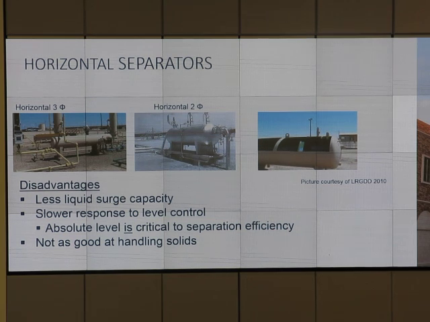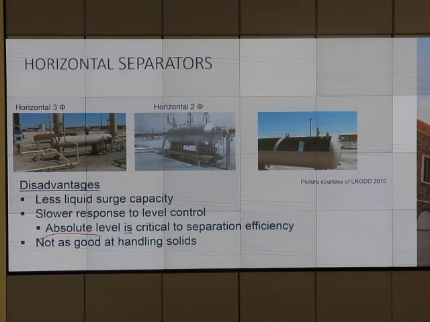There's an example on the separator. So it has less liquid surge capacity and it's not quite good at handling solid. Okay. It's slower response to level control. Absolute level is critical to separation efficiency. What does it mean? Absolute level.